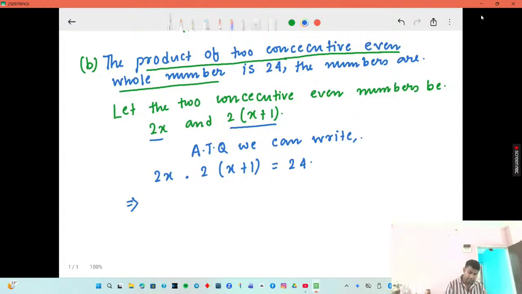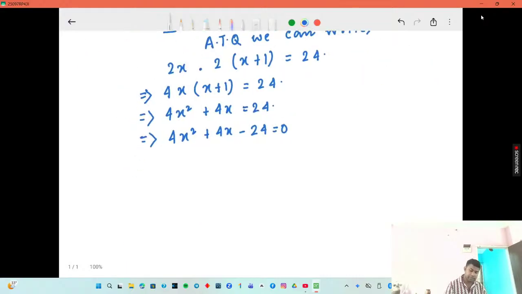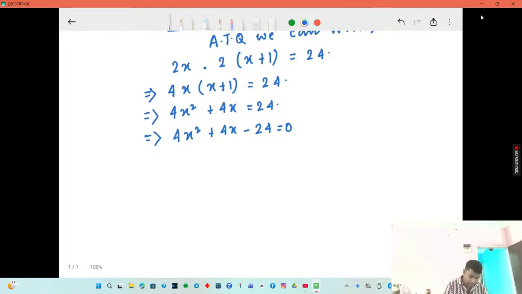So 4x into x plus 1 is equal to 24. 4x square plus 4x is equal to 24. So now we will write 4x square plus 4x minus 24 is equal to 0. So now you can see that the whole equation is divisible by 4.